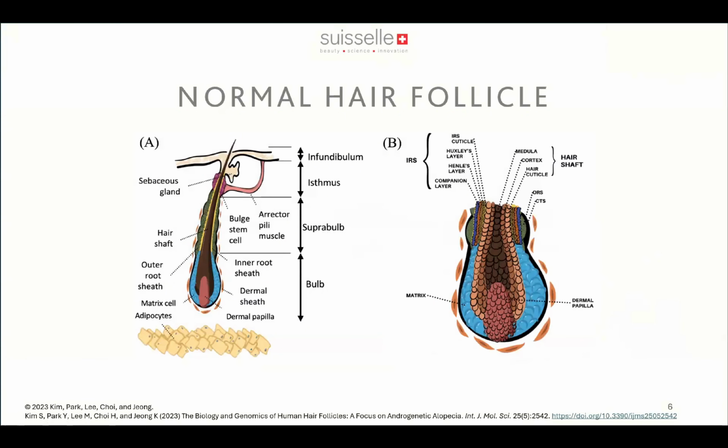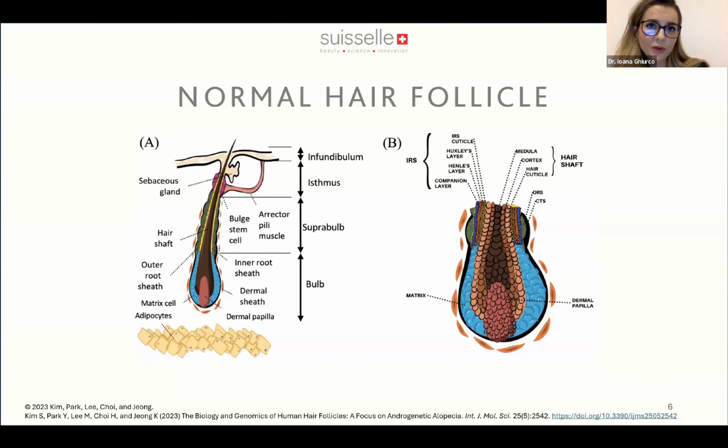So, of course, before hair disorders, it's good to understand a bit the normal hair follicle anatomy. Hair follicle, it's an intriguing structure. We still have a lot to learn about its anatomy and its mechanism. Basically, we can look at it as a complex mini organ.